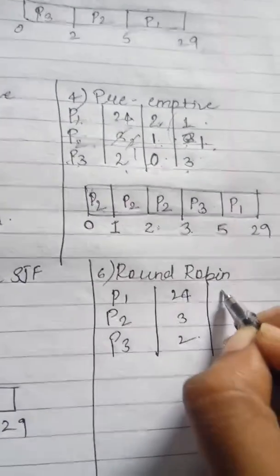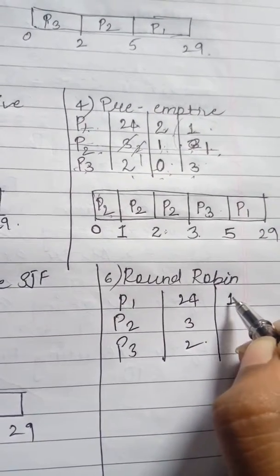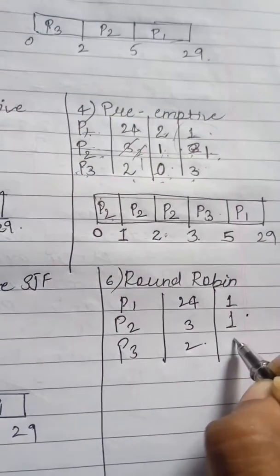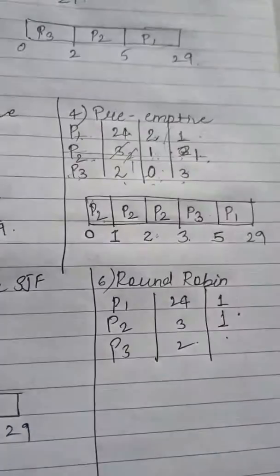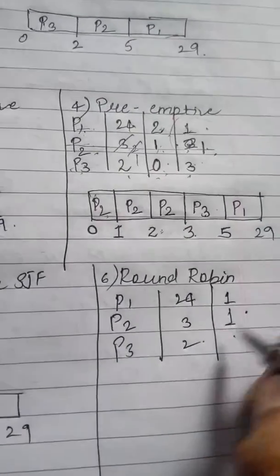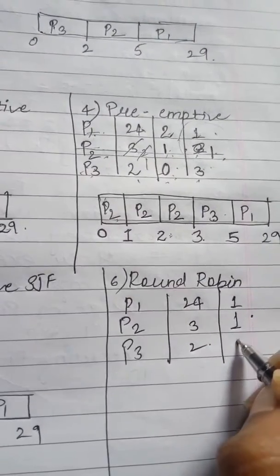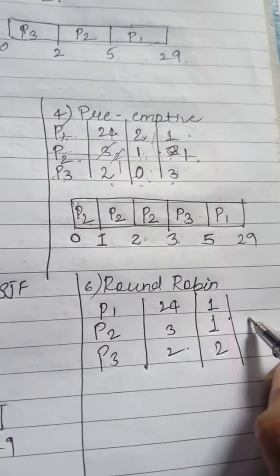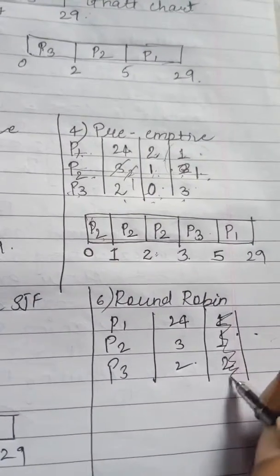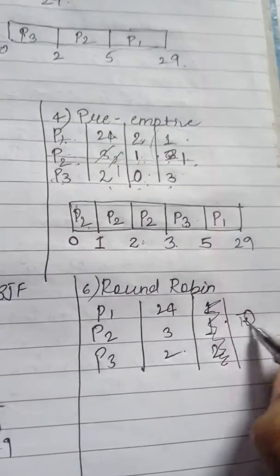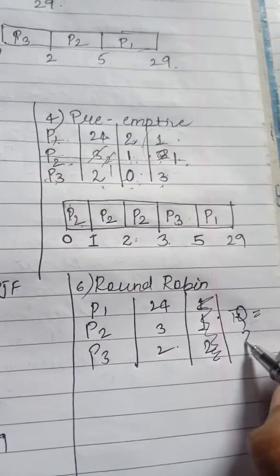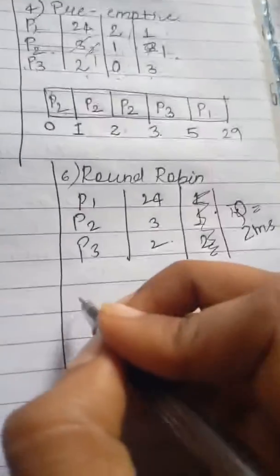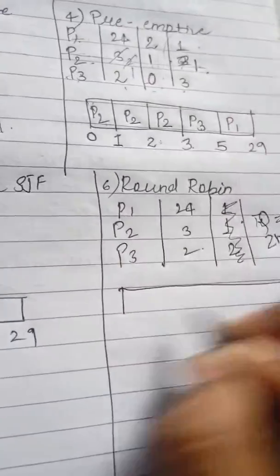So the arrival time is 1, 1, 1, 1 and 2. Okay, and no, there is no need of arrival time here. Time quantum is 2 milliseconds. Okay, so let's see an example of how to solve this.